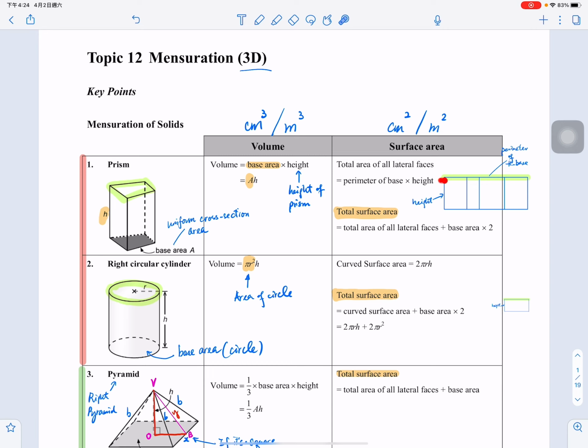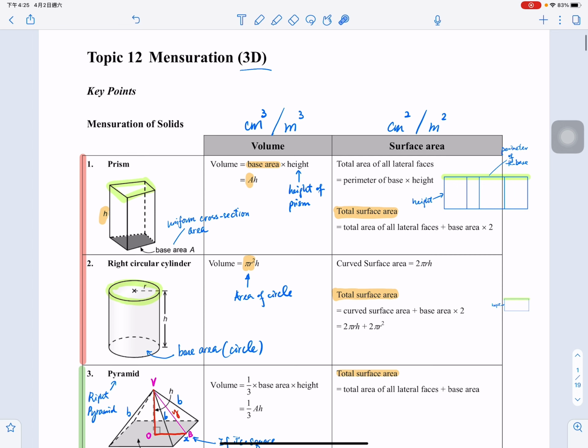If you know the perimeter of a base, then you can easily find the area of all lateral faces, right? So use the perimeter of the base times height as the area of all lateral faces. Lastly, plus 2 base areas, and that will be the total surface area. Understand? Okay, how about the cylinder?